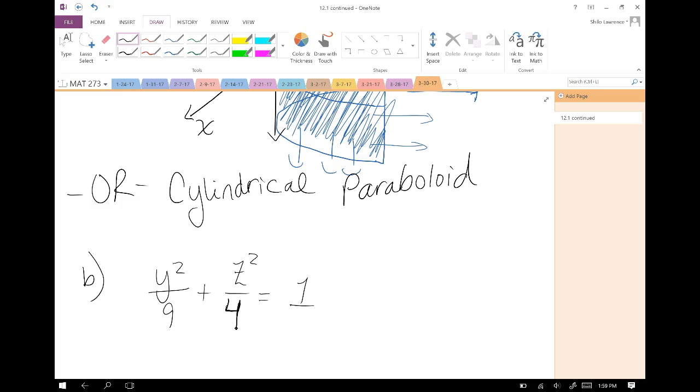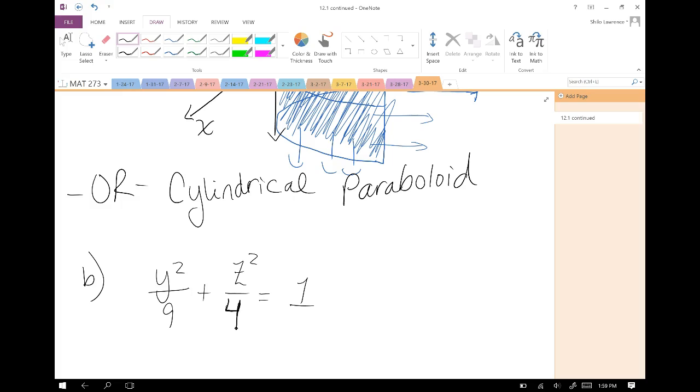To build an entire three-dimensional surface that way would take a very long time. Solve for y and solve for z. Because they have squares on them, we'd end up with plus or minus square roots in both cases, which would be kind of ugly as well.